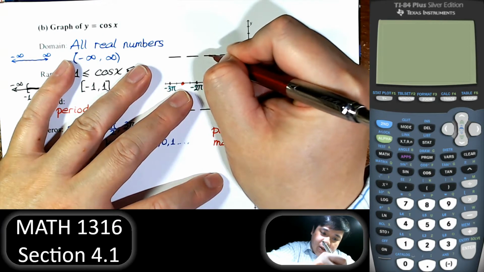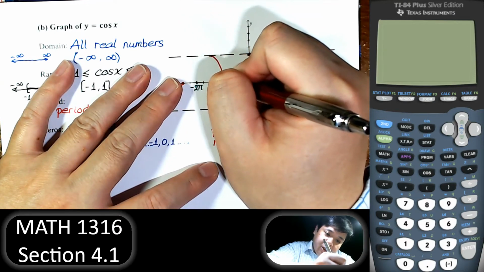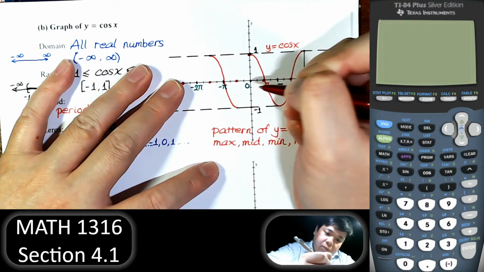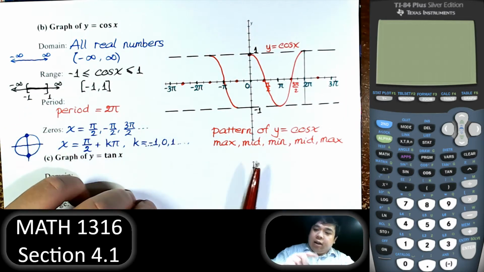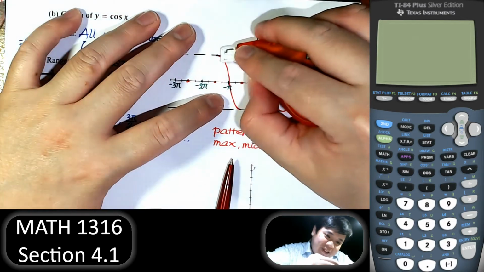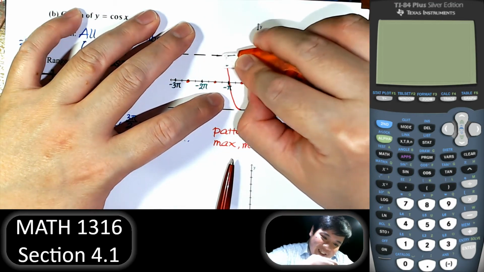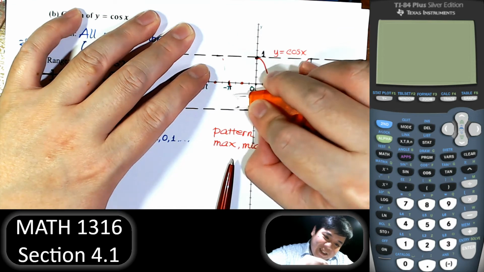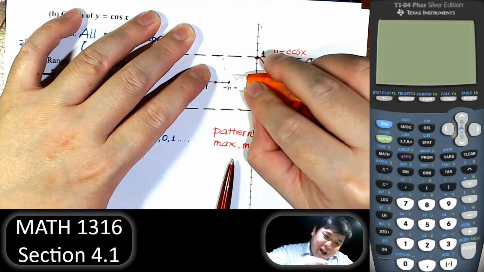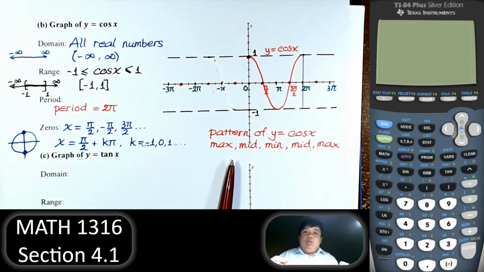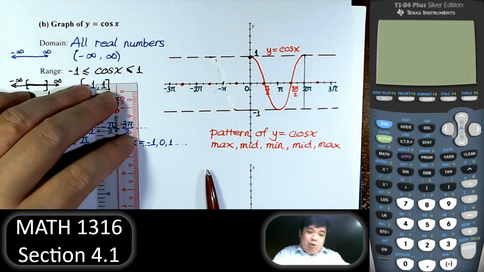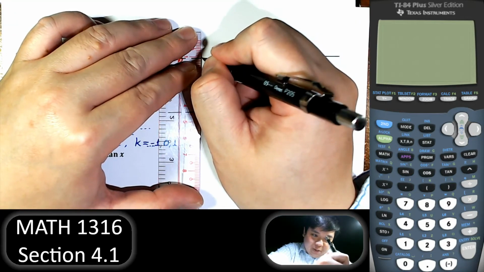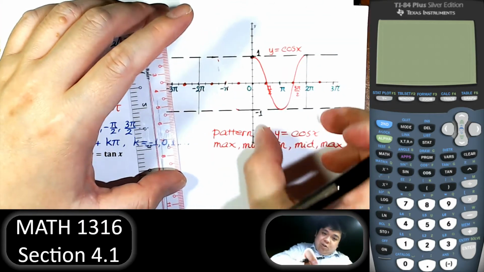Maximum, middle, yeah, those are the pattern, but we have to be very careful. We have to write down what is a period. A period is 2 pi, right? So that is one period.